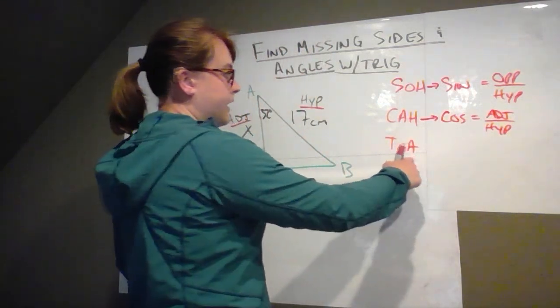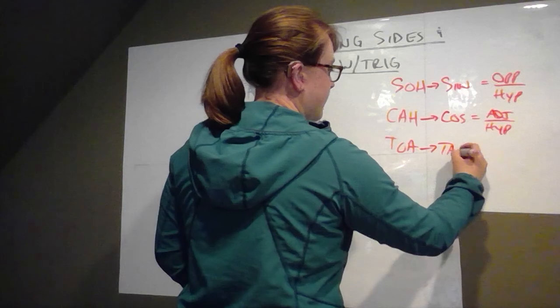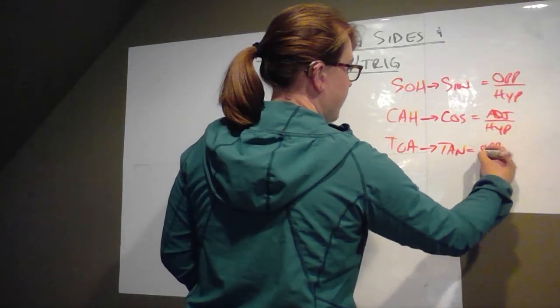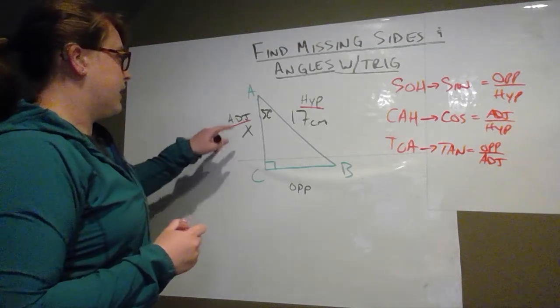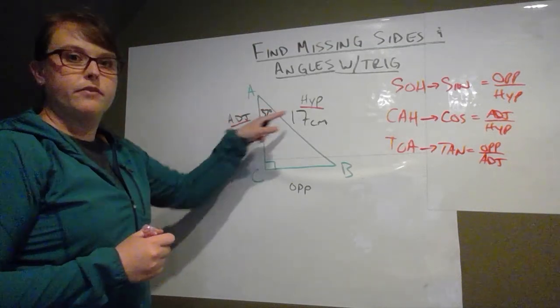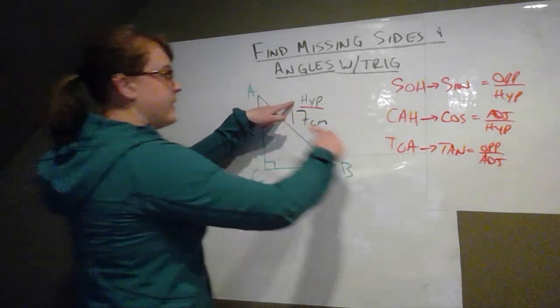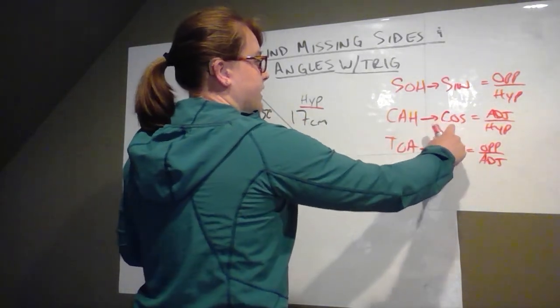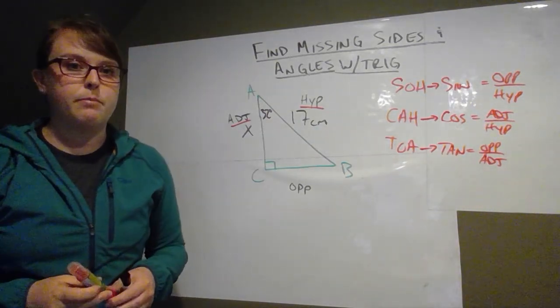And then TOA tells me that tangent is opposite over adjacent. I want to pick the one that goes with the two that I'm interested in on our triangle. In this case, adjacent and hypotenuse tells me that I should be using cosine, since cosine is adjacent over hypotenuse.